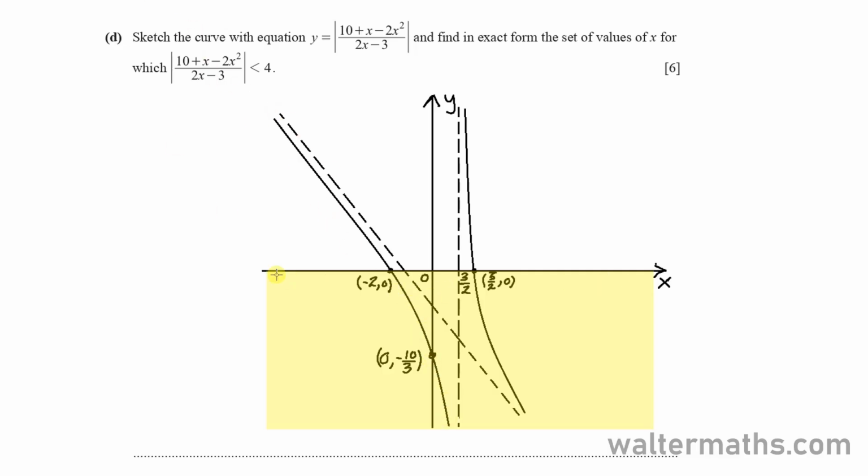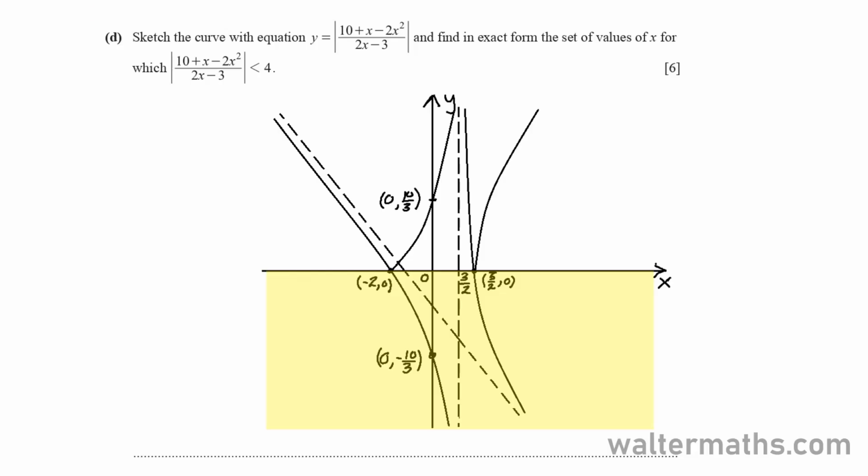So let's do that. So reflecting this part below the x-axis to the left, it should come out like this. And since it was intercepting at 0 and minus 10 over 3, it should now intercept at 0 and positive 10 over 3. And now for this part that is below again to the right, we'll reflect it in the x-axis and it should come out like this, more like this.